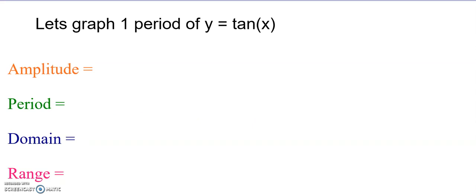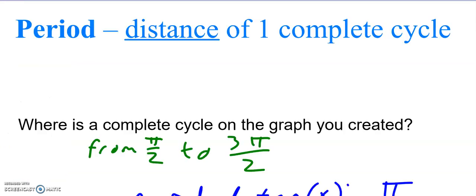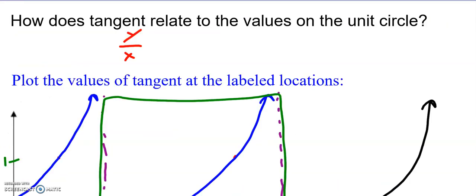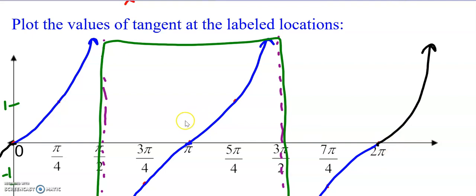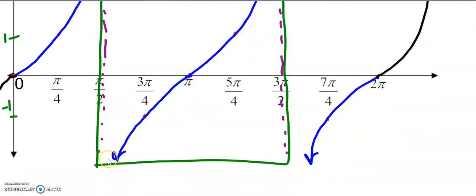Now, let's talk about some other things with tangent. What have we said amplitude represents? Very good. It's half the distance of the range. Now, a key word there is distance. If I look back at this tangent graph, I'm drawing these arrows, which indicate that the graph is going up and down forever.